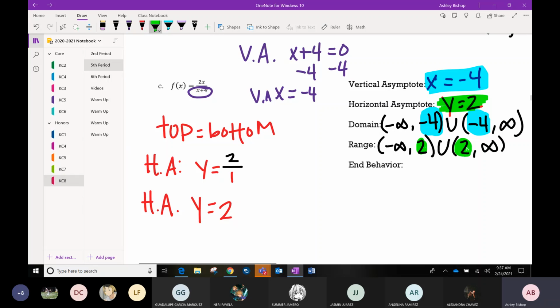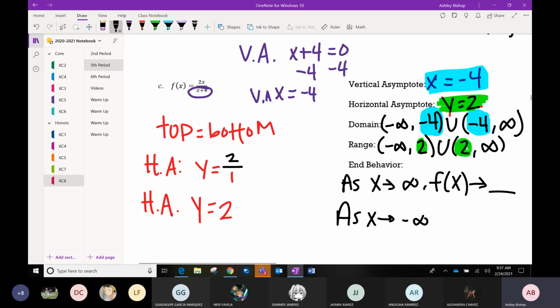Okay, and then my end behavior is going to be very quick. I know that my end behavior is always going to be equal to my horizontal asymptote. As x approaches infinity, f of x approaches blank, and as x approaches negative infinity, f of x approaches blank. What's going to go on my blank is my horizontal asymptote of 2.